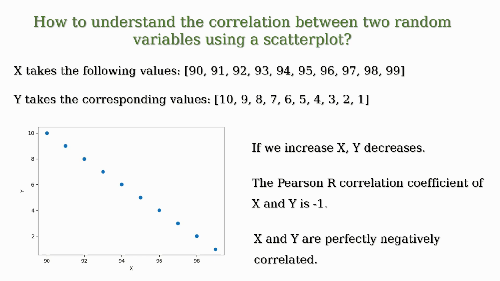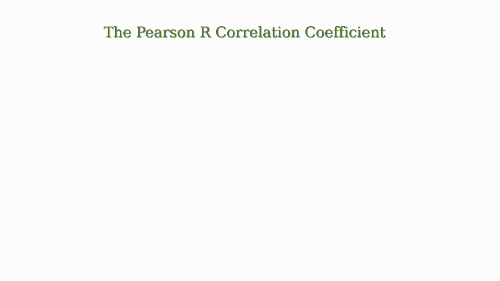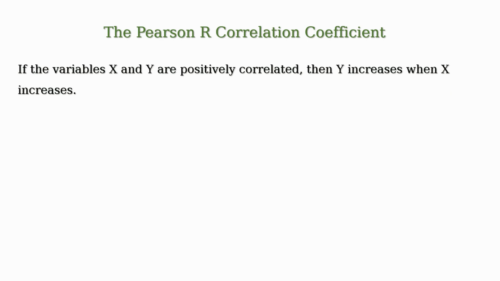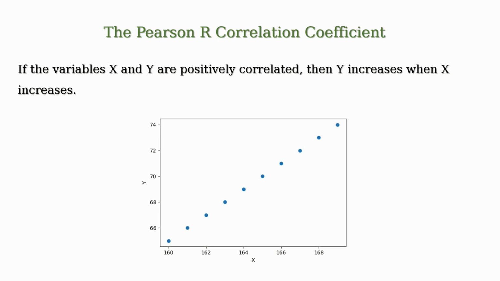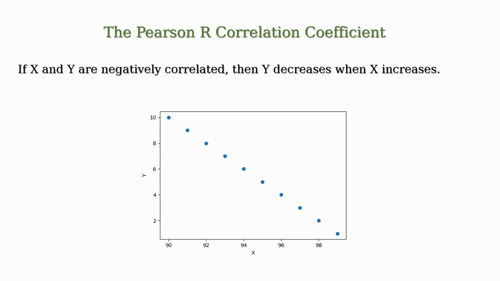As we discussed, the Pearson-R correlation coefficient between two variables x and y is a number between -1 and +1. The sign of the number indicates whether the relationship is positive or negative. If the variables x and y are positively correlated, then y increases when x increases. And if x and y are negatively correlated, then y decreases when x increases.